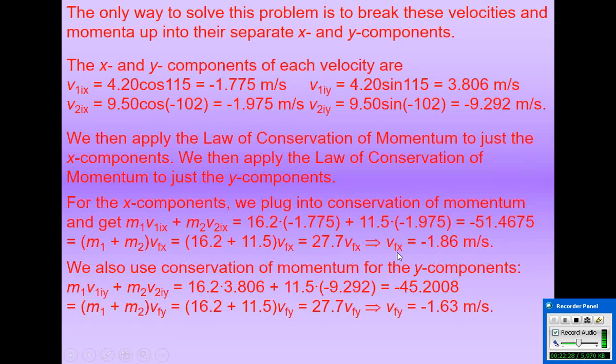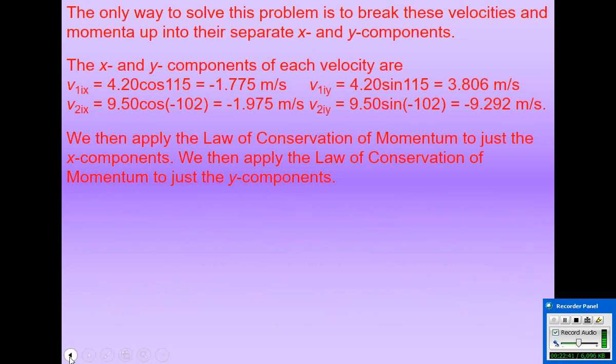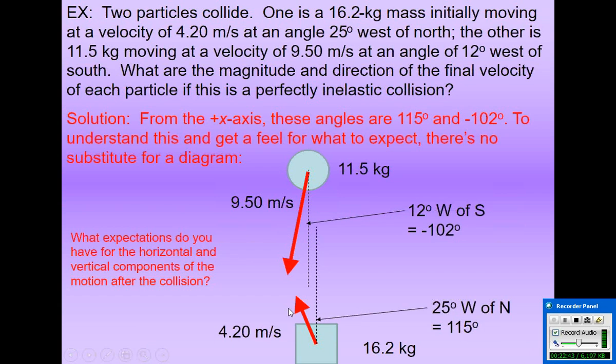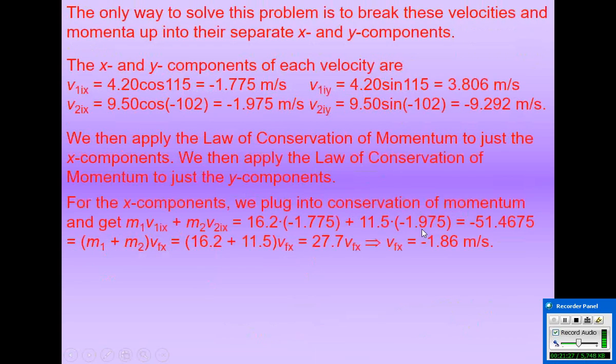X component, negative 1.86 meters per second to the left, and negative 1.63 meters per second down when these two objects stick together. If we go back to the picture, we see that both of them have a horizontal component that's to the left. And so I expect that when these two stick together, it's going to remain having a horizontal component to the left.